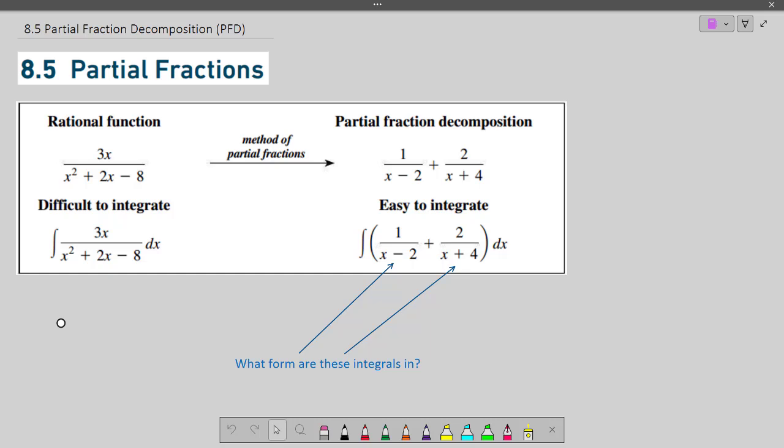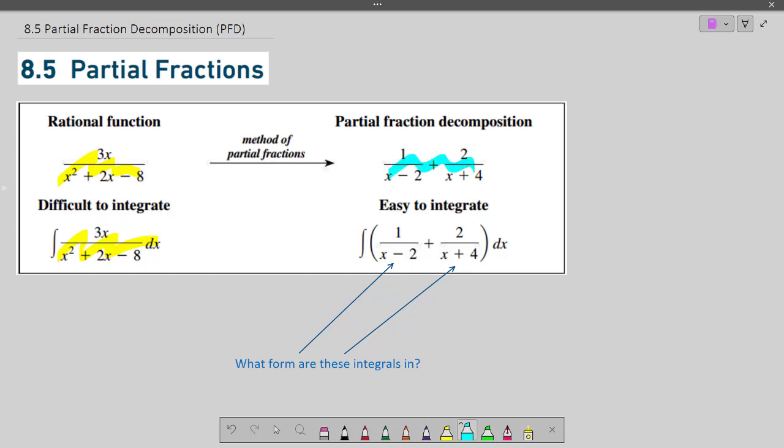And what I want you to observe is a couple of things here. We've got a rational function over there, and that looks like a pretty complicated integral, right? We'd have to complete the square and do some stuff that allows us to manipulate that and maybe use u sub, maybe trig sub, who knows. But notice over here, these two things are equal.